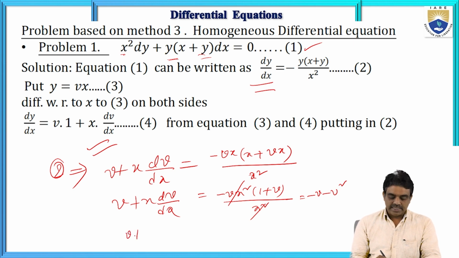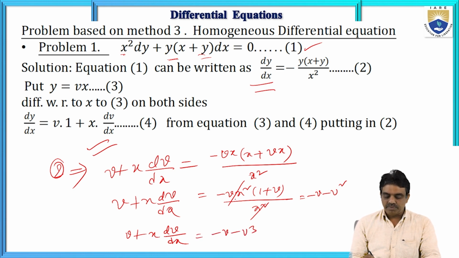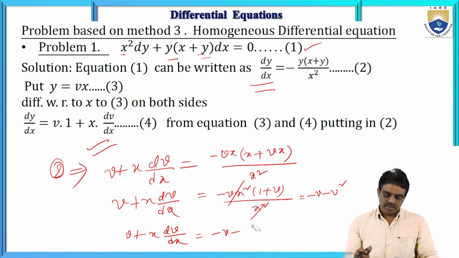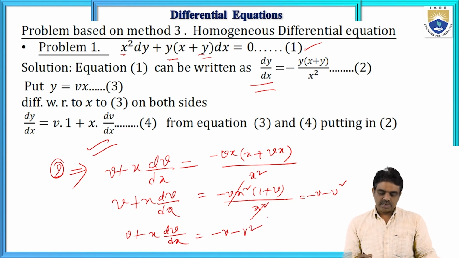So on the left hand side, it is v plus x into dv by dx is equal to minus v into (1 plus v), that is minus v minus v square. Am I right?